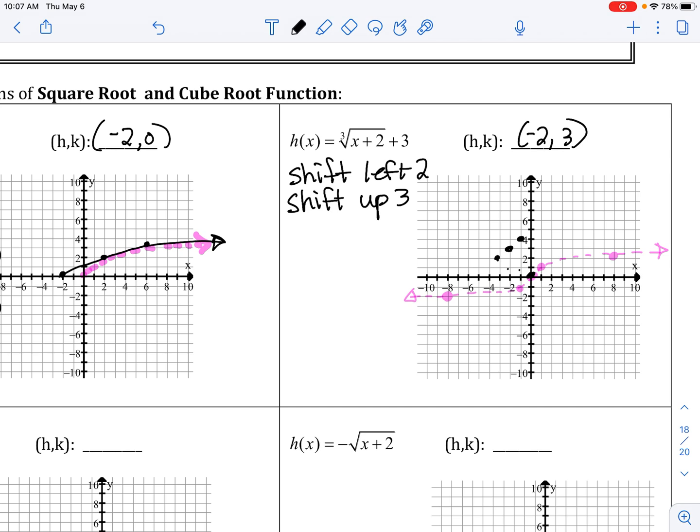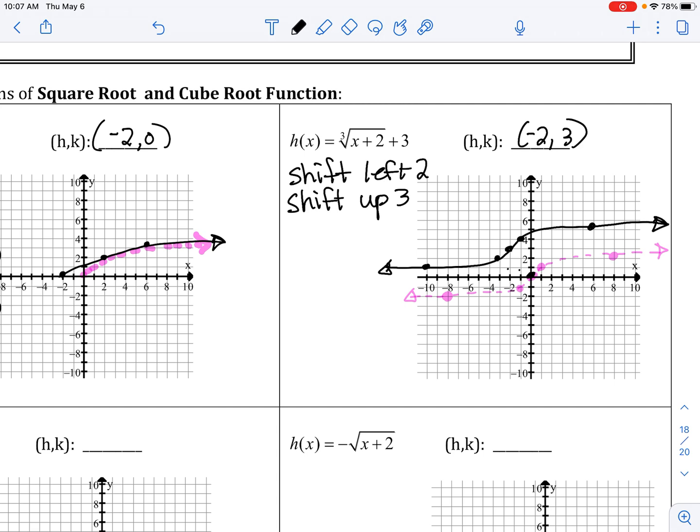This one is going left 2, up 3. And this one is going left 2, up 3. And so then you want to be able to take that and draw your cube root. And so it's helpful to have some target points on your basic parent function as you shift them according to the transformation rules.